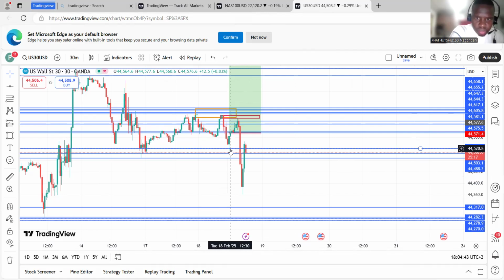Stop loss from here to here. High. I think that's a bit too much. Yeah, no, it's not worth it. Nope. It's not worth it. On US30, I will wait for another opportunity, guys. This one is not really worth it. It's too much of a loss.